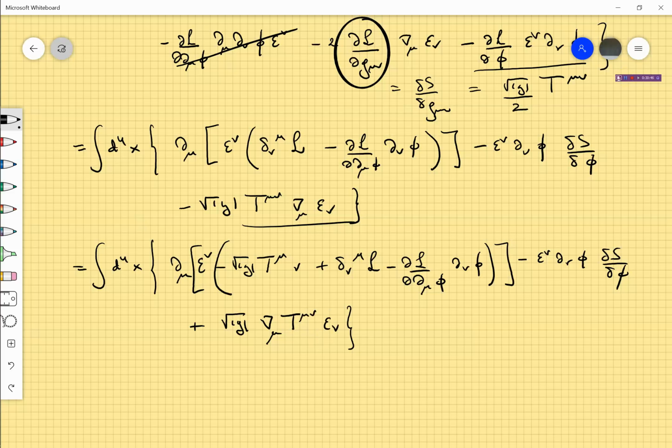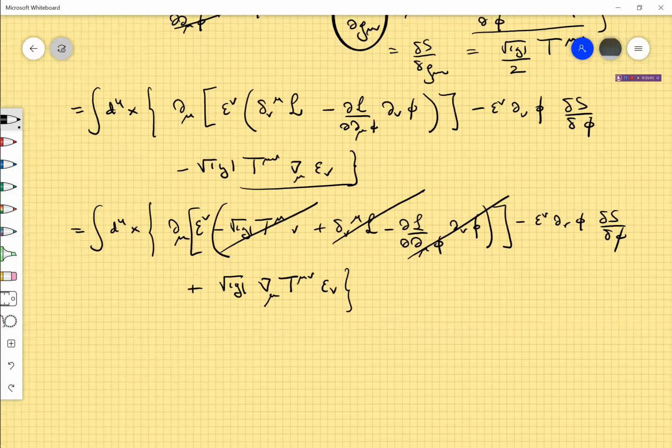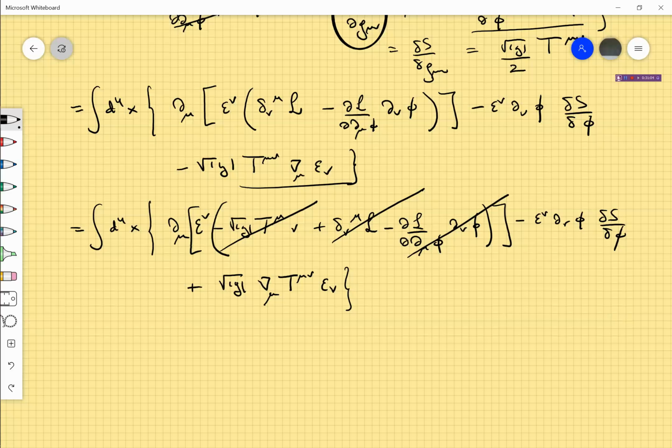Now the next thing to notice is that these terms cancel. This is the canonical energy momentum tensor up to this square root of g, and it coincides with the gravitational energy momentum tensor. There is the square root of g and the sign, so this term cancels identically. And now at this point I have to warn you that if you try to do the same for a vector field, you will get into trouble, because you know that the canonical energy momentum tensor first of all is not symmetric.